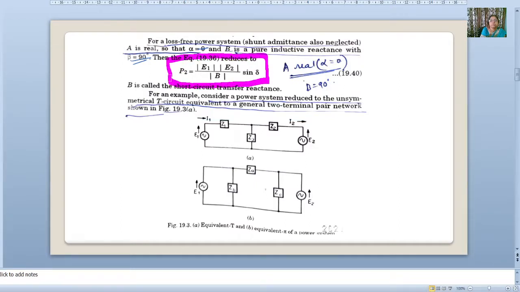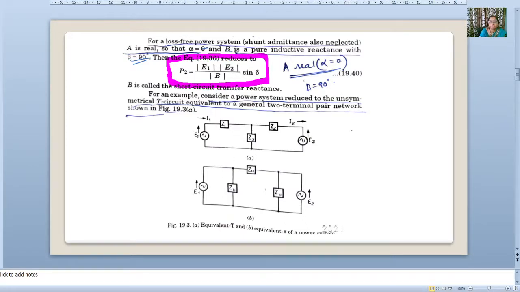Now B is called the short circuit transfer reactance. For an example, consider a power system reduced to an unsymmetrical T circuit equivalent to a general two-terminal pair network shown in 19.3a.